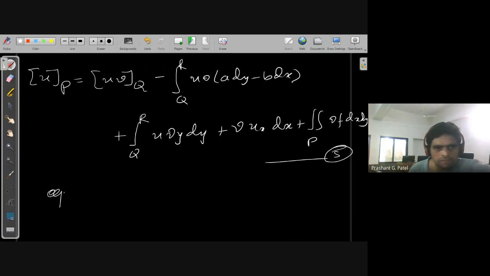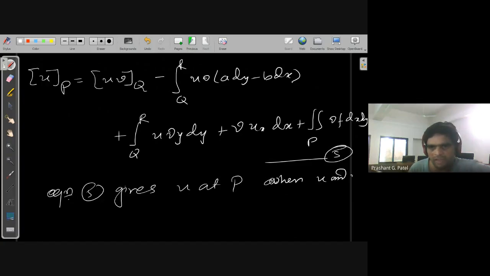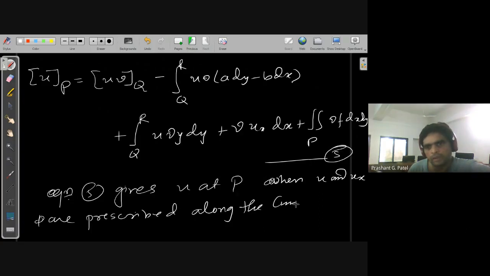Now equation 5 gives u at p, the value of the function u at p, when u and ux are prescribed along the curve gamma.